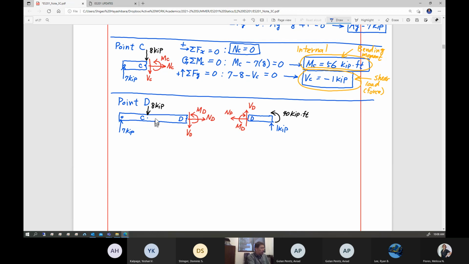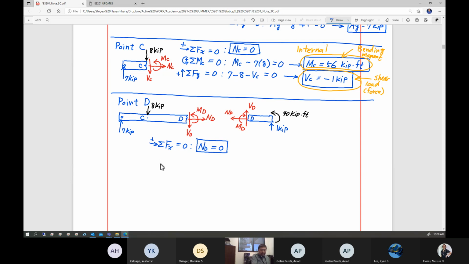So I'm going to, like I said, choose this one, and then let's find the summation of the force in x direction set equal to 0. This is going to once again give you normal force. Normal internal loading at cross-section D is again 0. Oh, this is a beam, so it's kind of natural.